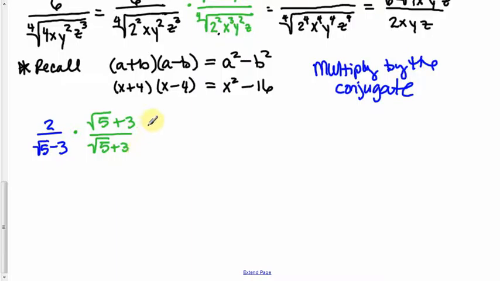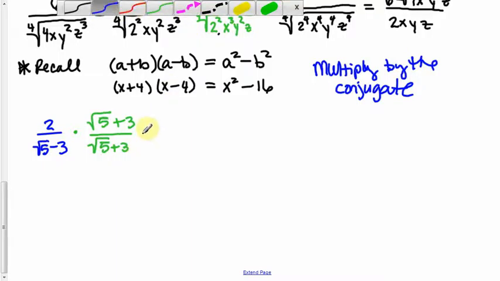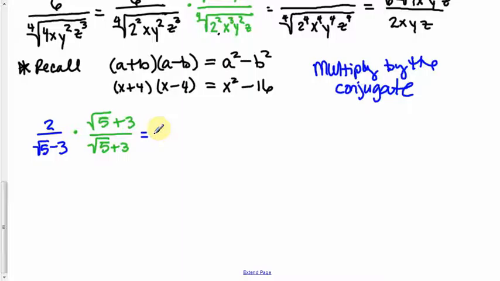And then let's talk about the denominator. What beautiful thing happens. It is so pretty. The square root of 5 times the square root of 5. Remember, they're conjugates, so you only have to multiply the first times the first and the last times the last. I had a student my very first year of teaching come up with that. He said, oh, we just fluff. Yeah, that's all you do.